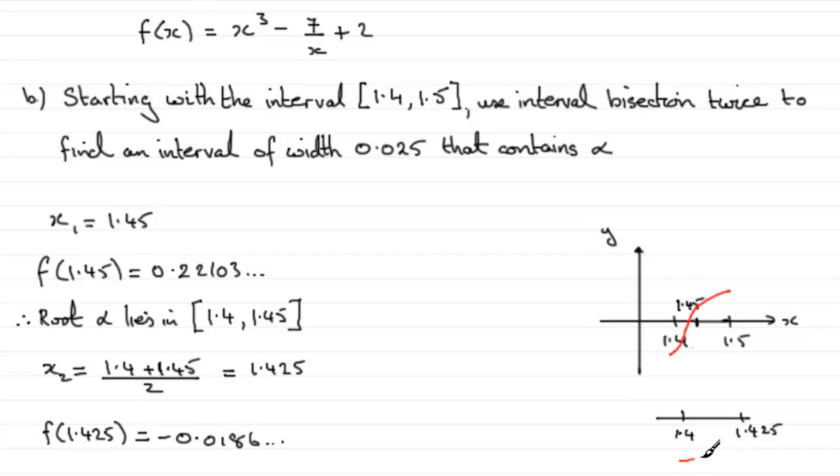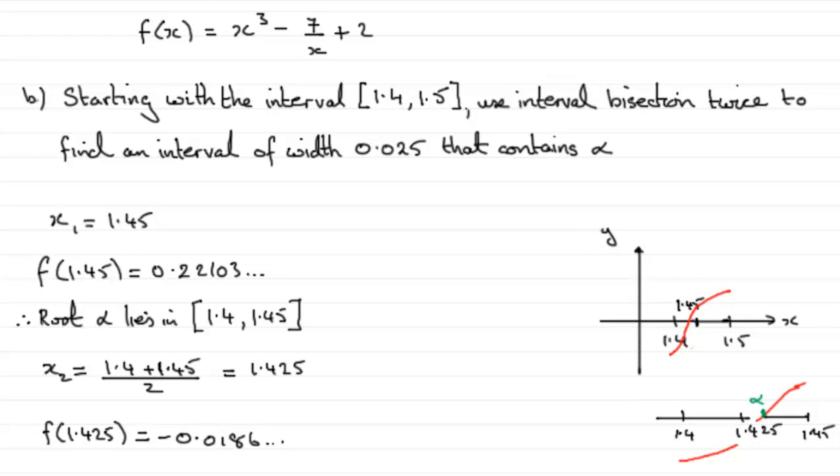So we've got a graph coming up like this, and then it must obviously cross the x-axis between 1.425 and this point 1.45. So mark that in. We'll extend this axis here to 1.45. Hopefully you can see then that this root alpha must lie somewhere in this interval.